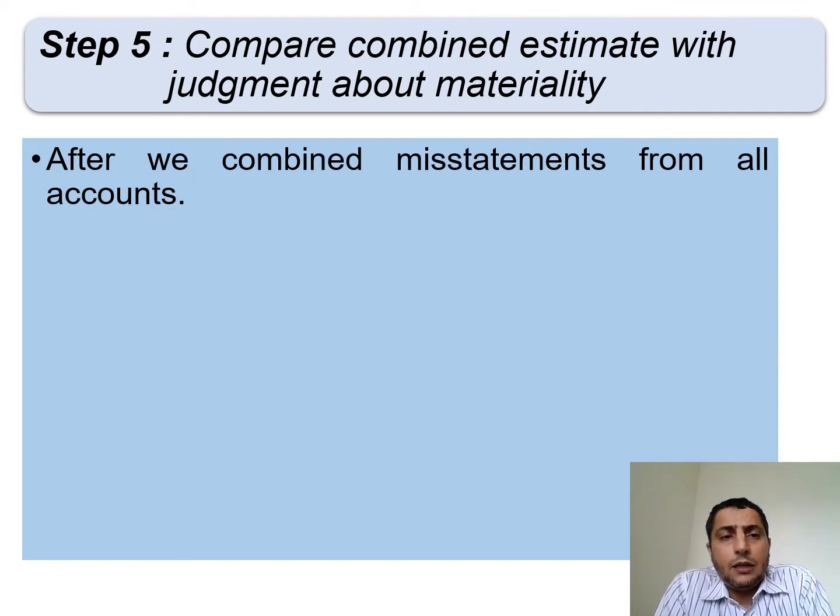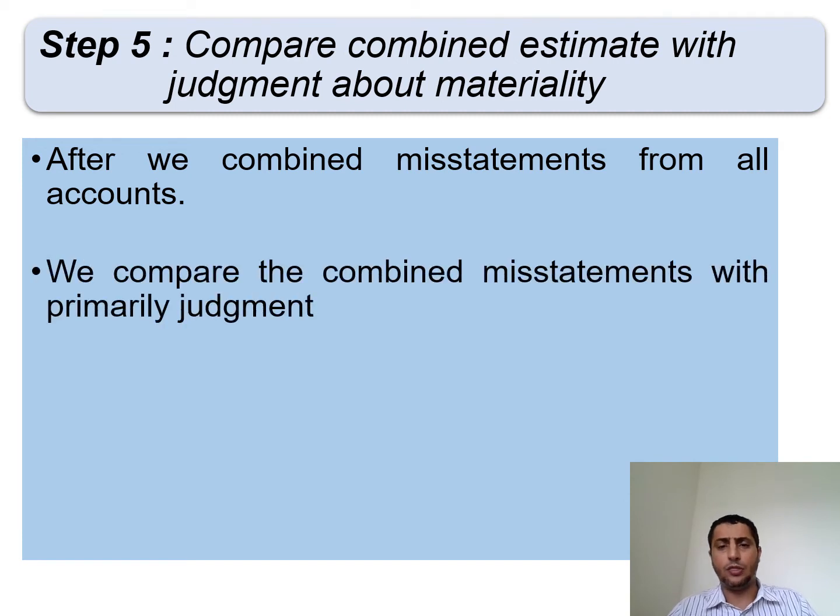Okay, step 5 is about comparing the combined estimate with the judgment about materiality. If we remember, in step 4 we combine the misstatement from all accounts, and in step 5 we compare this result with the preliminary judgment which was set in step 1.